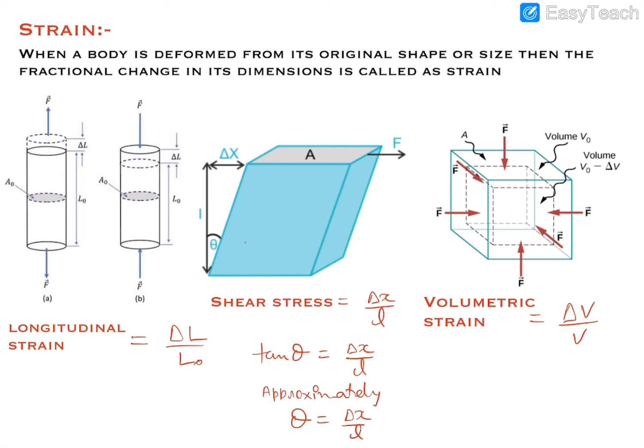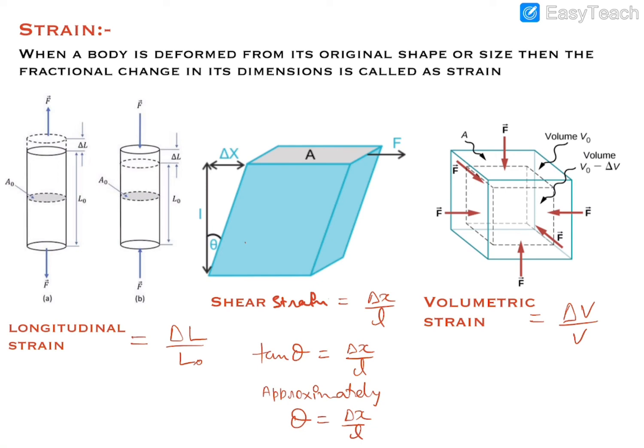Now this shear strain is the delta x displacement of the upper face as compared to the lower face divided by this length L. So this is delta x upon L, and this is equal to tan theta, and for small displacements we know that tan theta is approximately equal to theta.